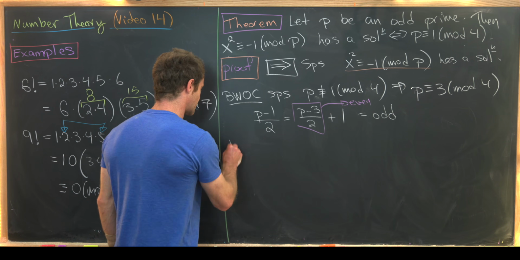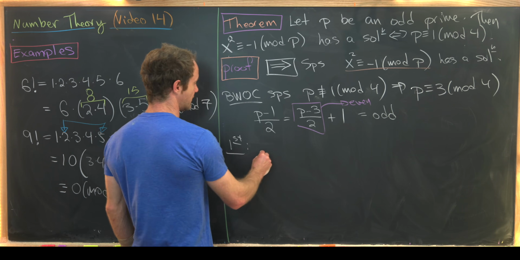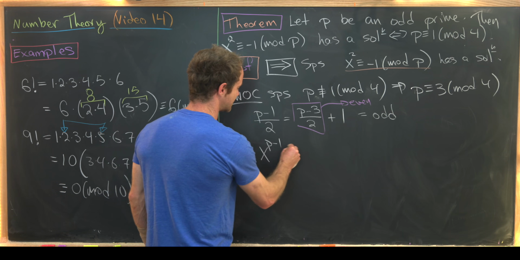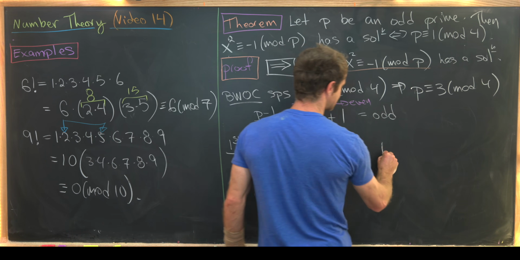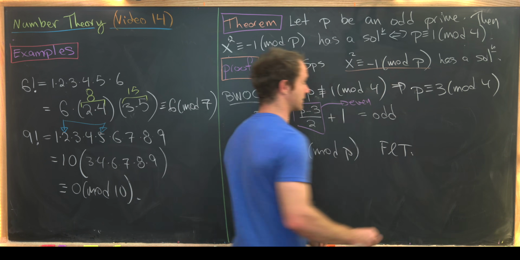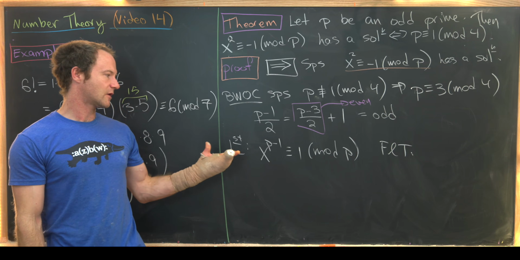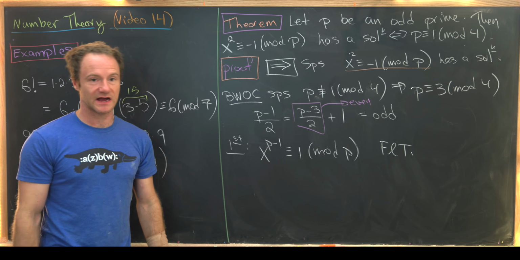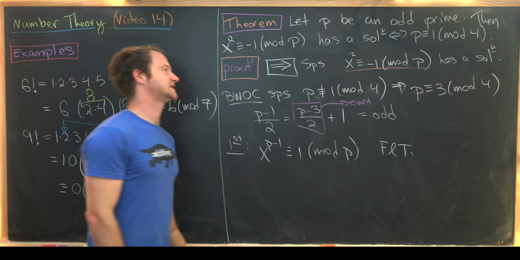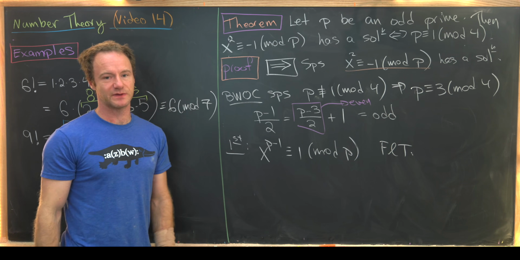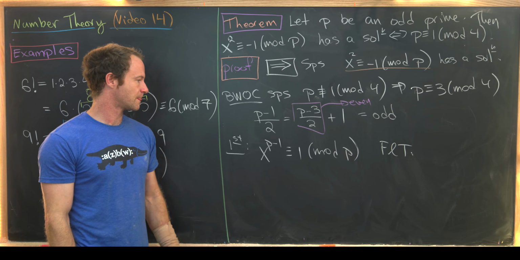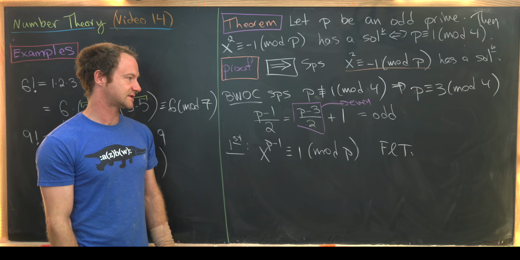First off, we know that x to the p minus 1 is congruent to 1 modulo p, and that's by Fermat's little theorem. Well, that only holds if p does not divide x. But since x is a solution to this equation right here, it's kind of obvious that p does not divide x. Okay, so that's one fact.